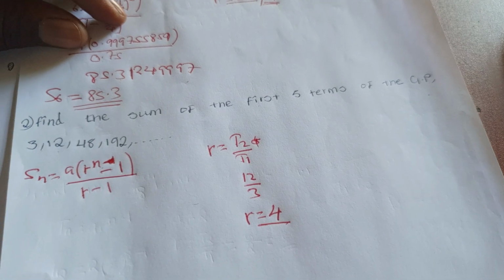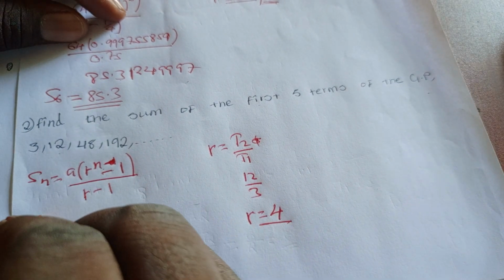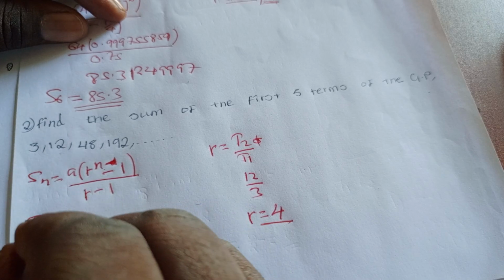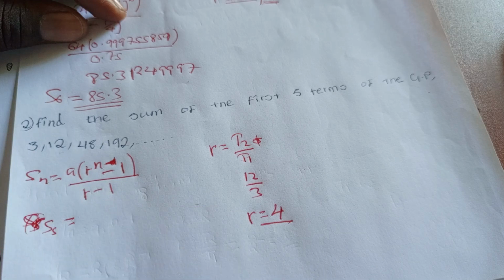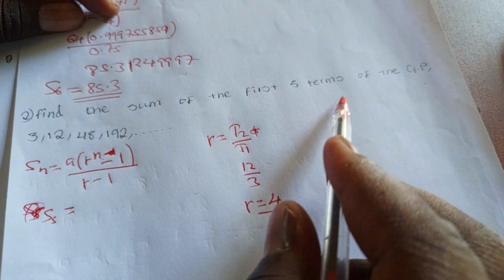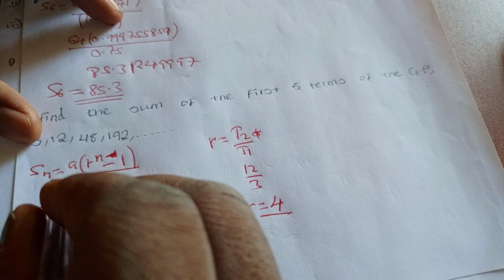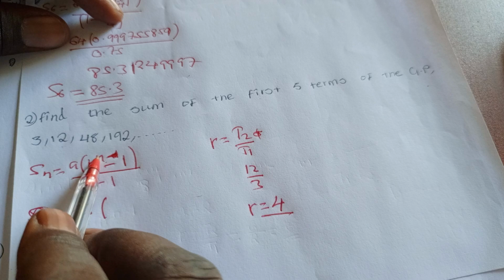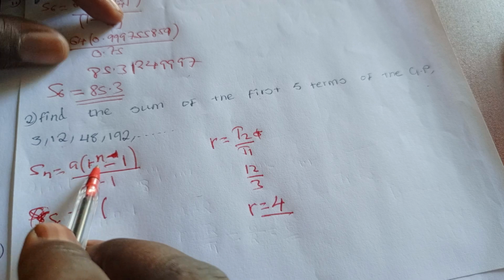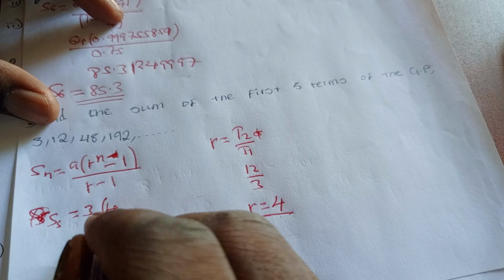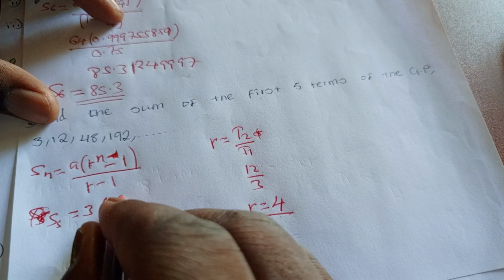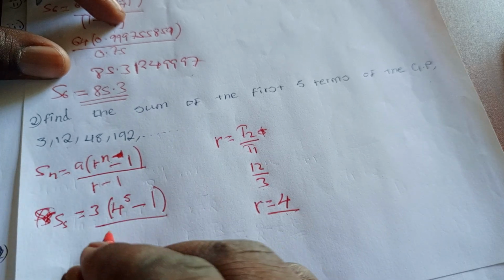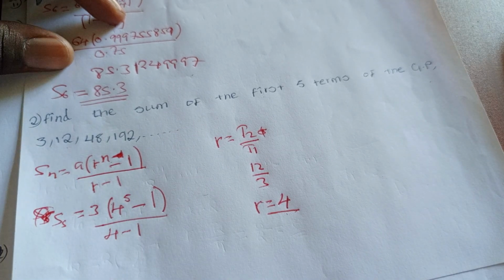Then from here, I'll substitute my sum of the fifth term, S5, is equal to, my a in this case is 3, so I put 3 here. My r is 4, so I put 4 here, to the power 5, then minus 1, like this. Then over 4 minus 1.